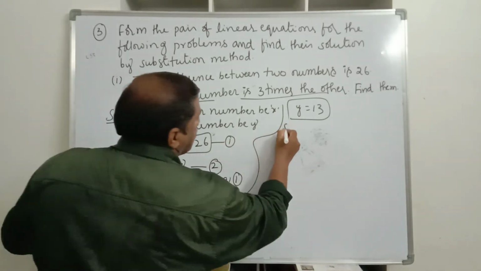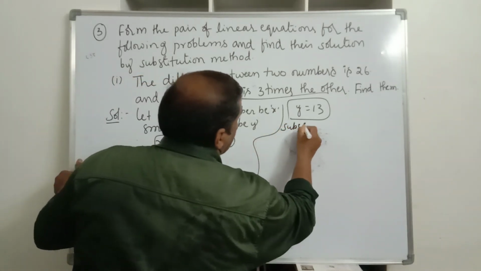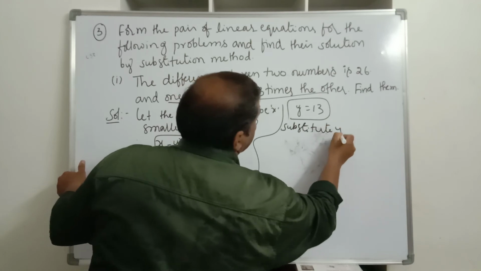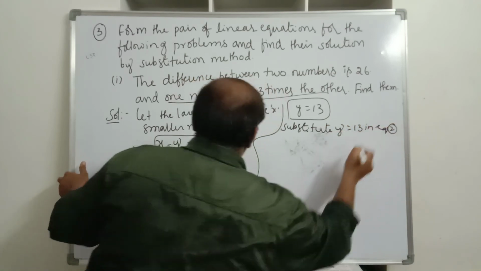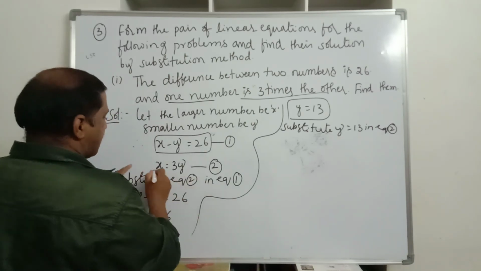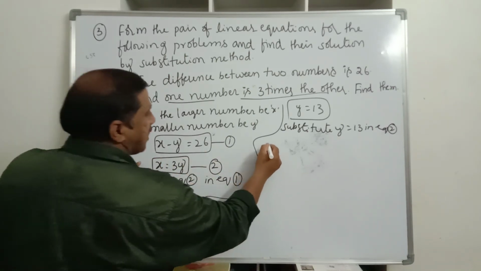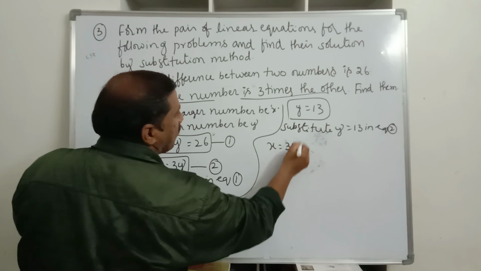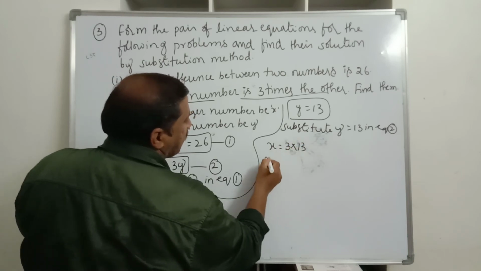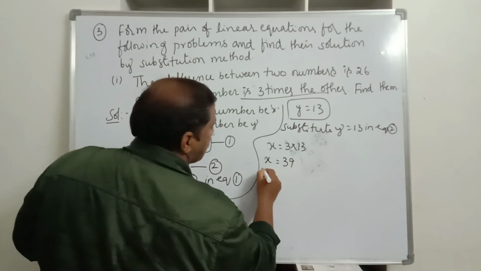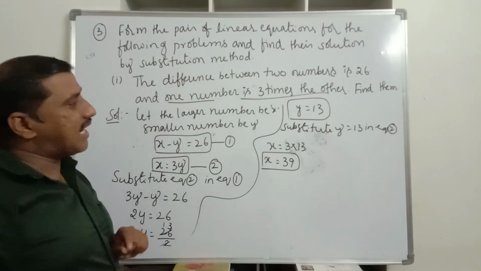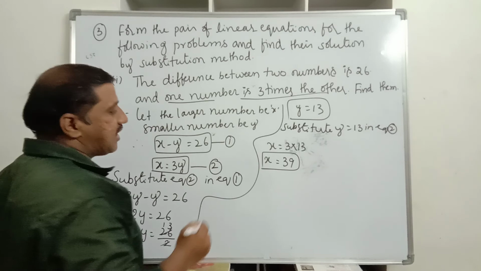So substitute y is equal to 13 in equation 2. That is x is equal to 3y. This is equation 2. That is x is equal to 3 into y. y is equal to 13. Therefore x is equal to 3 into 13. 3 threes are 9, so we got x is equal to 39 and y is equal to 13.